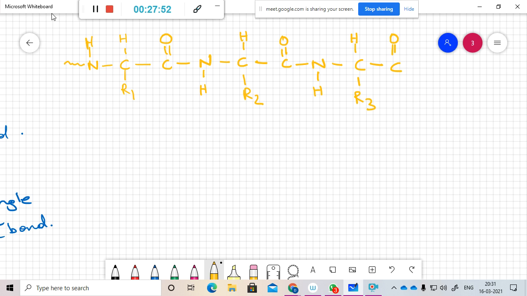Then you have CO. So this is how, when you look at this structure, you will see this region. This is one rigid planar peptide unit.